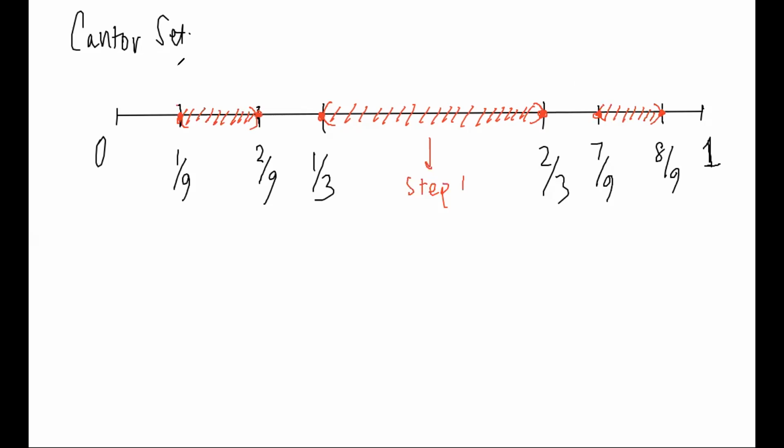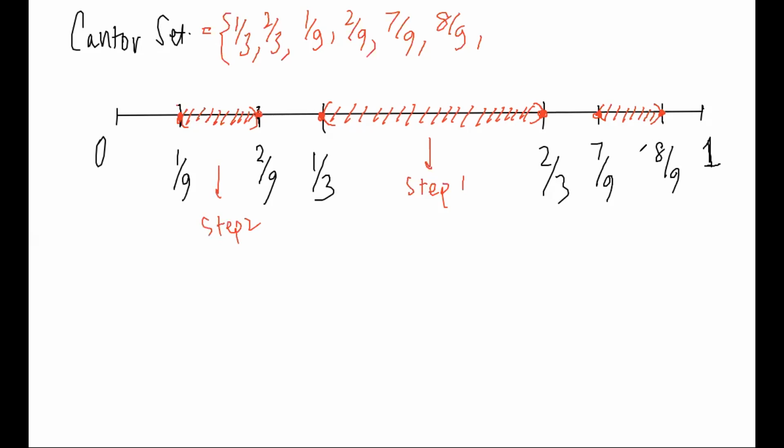Okay. So your Cantor set just now will include 1/3, 2/3, because the singletons are there, right? You are removing the open interval. So now it will include 1/9, 2/9, and 7/9, 8/9. All right. Okay. So for step 2, you remove this. And let's do one more step.